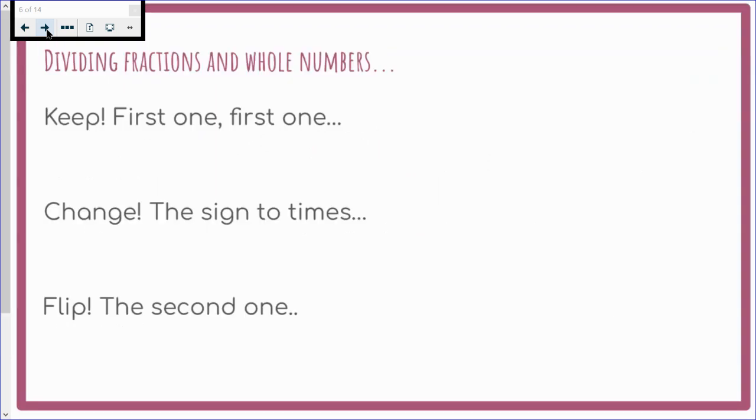All right, so we started small with a fraction and a whole number. And the first thing I actually should have included here is that any whole numbers go over 1. So that should be our first step.